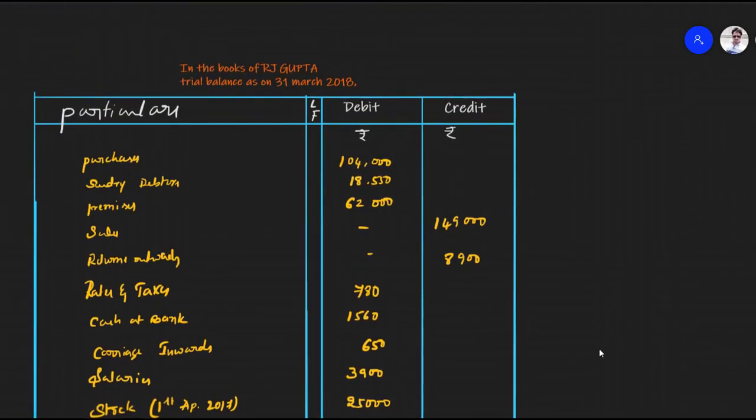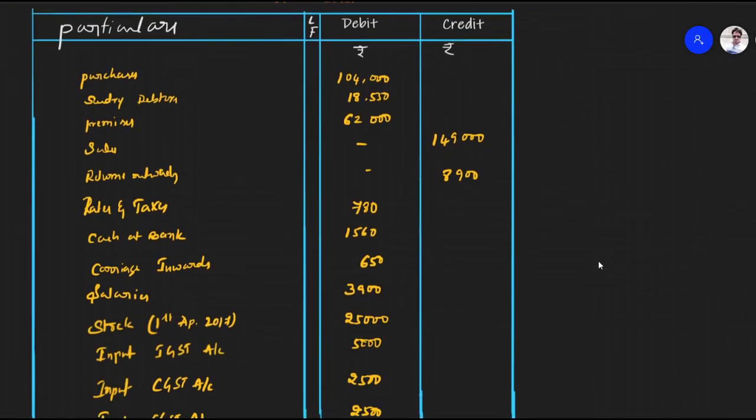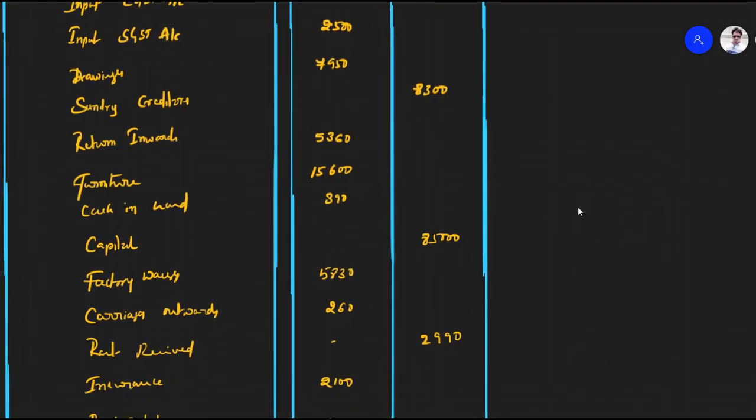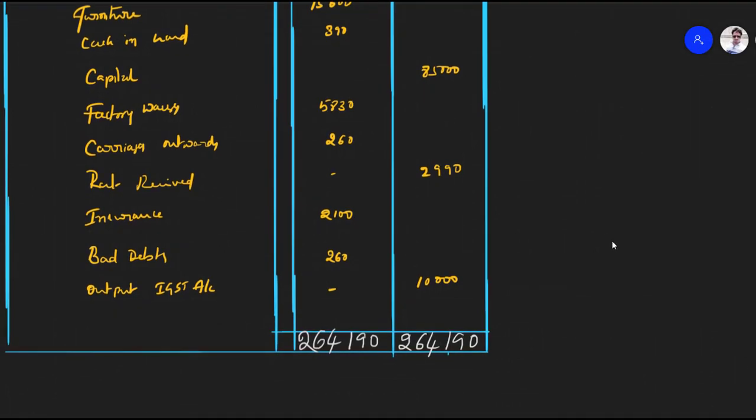So again just cross checking. Yes, 2,64,190 and 2,64,190, the trial balance tallies.